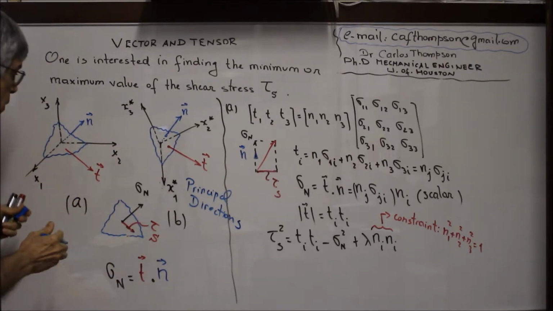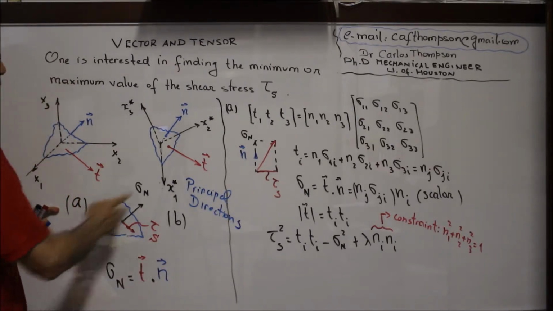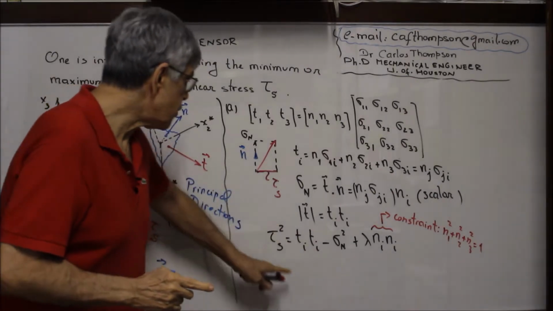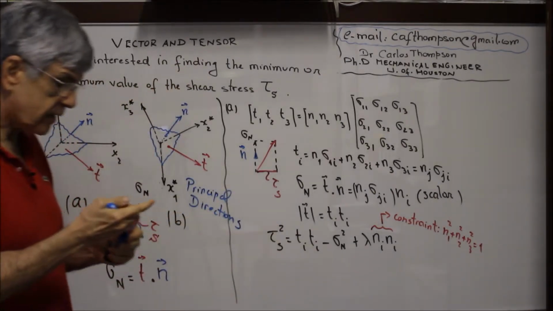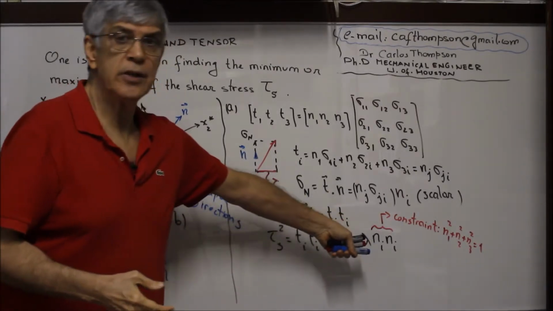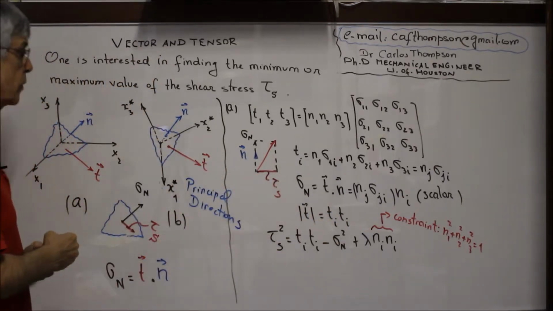Now, case A and case B. I will start with case A. You see that this expression for tau s squared has a lot of terms, much more than in case B, as will be shown.